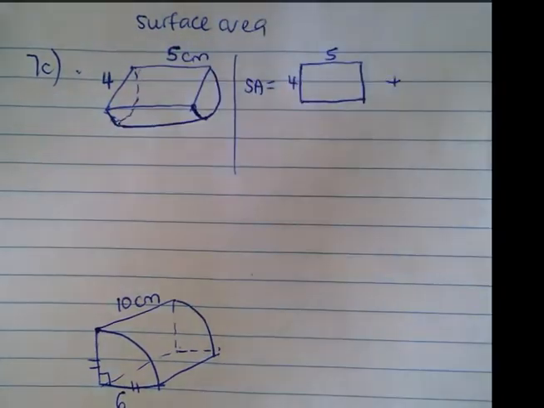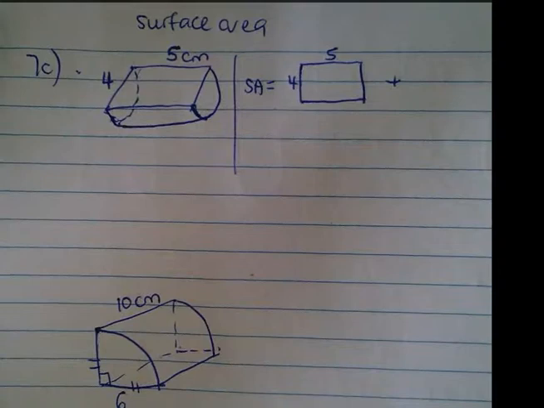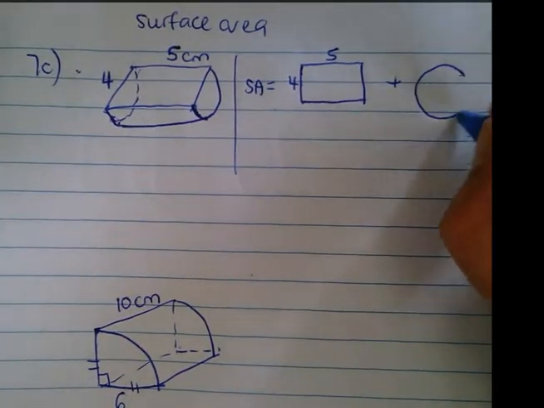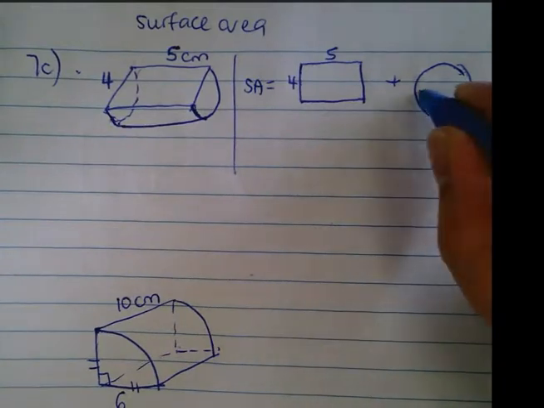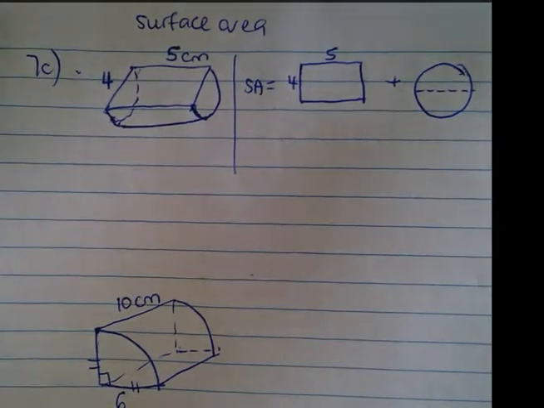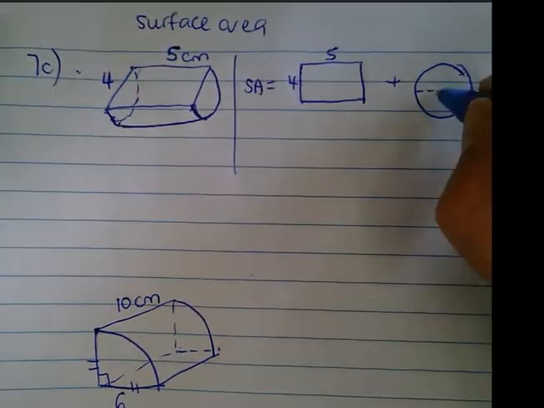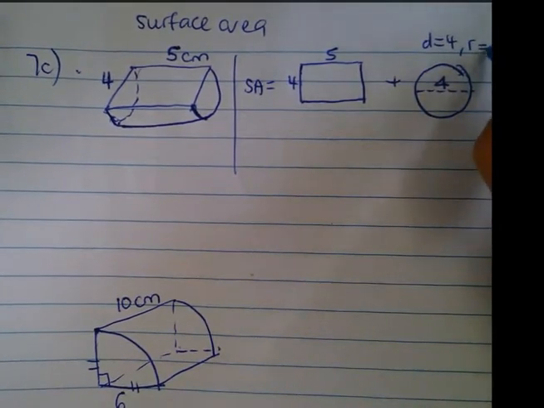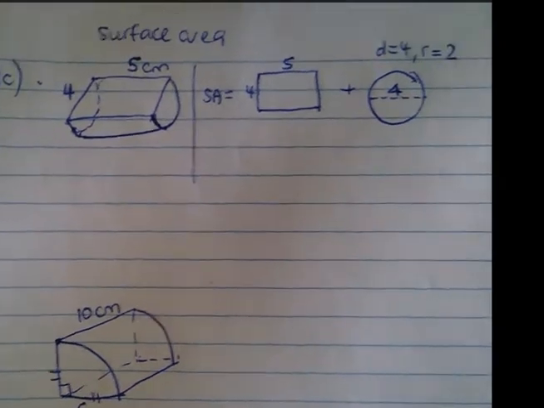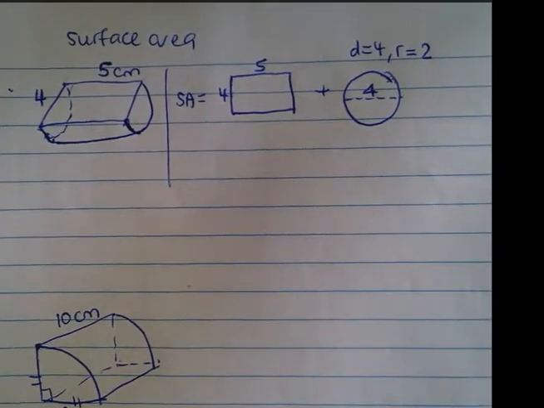That's great, because 2 semicircles makes a full circle, plus I've got a full circle with what? Which measurement did they give me? 4. Diameter. So I'm going to go here, diameter is 4, radius is 2. So notice I'm just planning it out at the moment. I'm not doing it all.